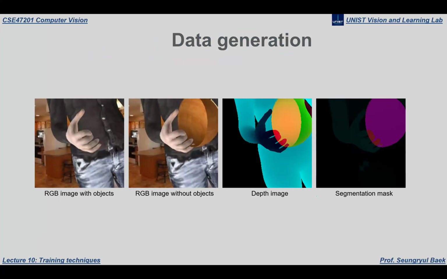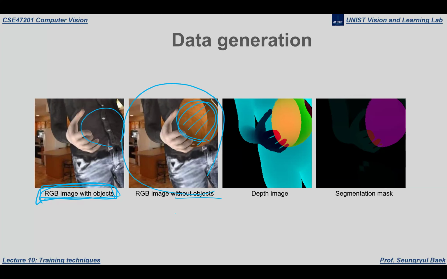This is another example. When using the human model, hand model, and object model, we can render RGB images without the object. There's no object here, but here there's an object.